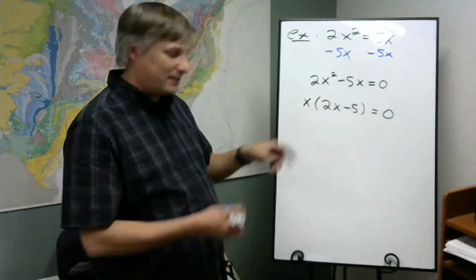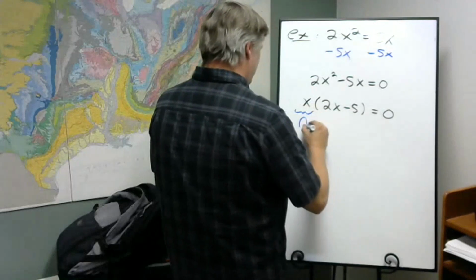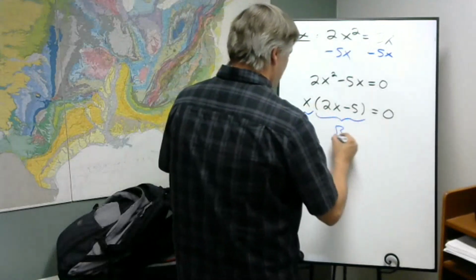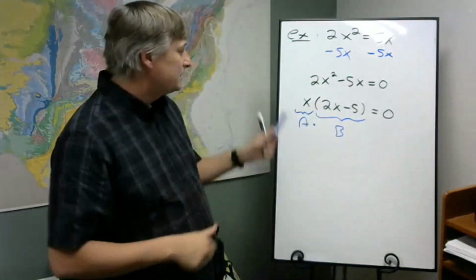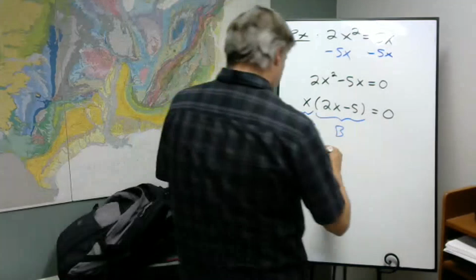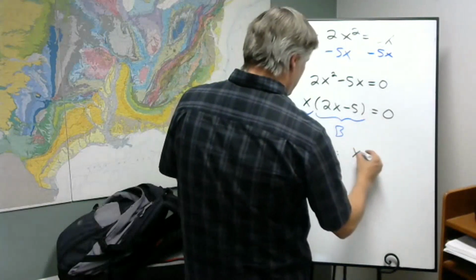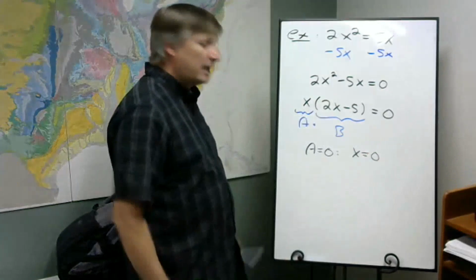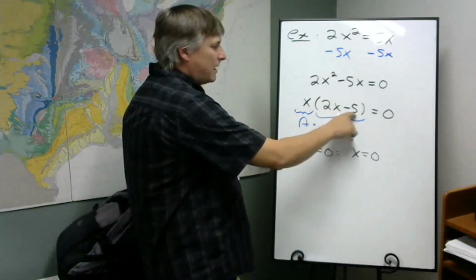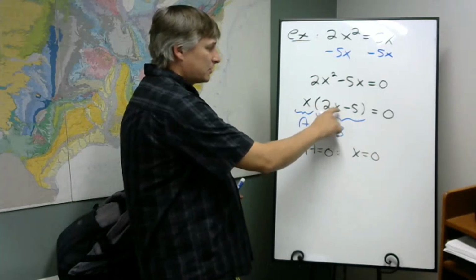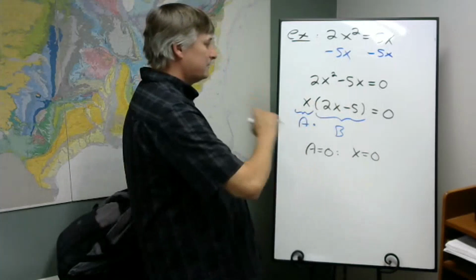So this right here would be like, in the zero product principle, the capital A and capital B, we're multiplying A times B. So we set A equal to 0. Well, that means we set x equal to 0, and we're done. Because sure enough, if x was 0, this would become negative 5, because 2 times 0 is 0. 0 minus 5 is negative 5. But who cares? 0 times negative 5 will be 0.